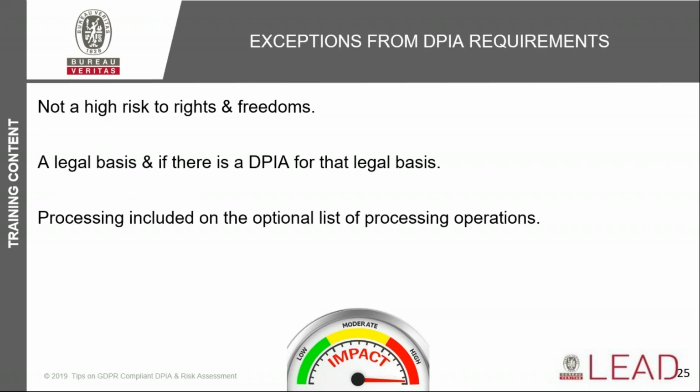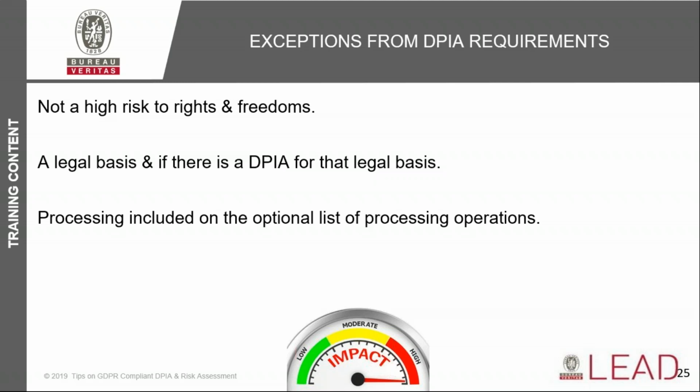In some cases, even if you are processing sensitive data on a large scale, even if you are doing something highly impactful on the rights and freedoms of natural persons, you may still be exempt from carrying out the DPIA.